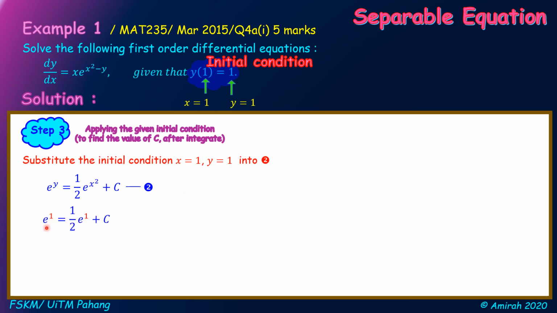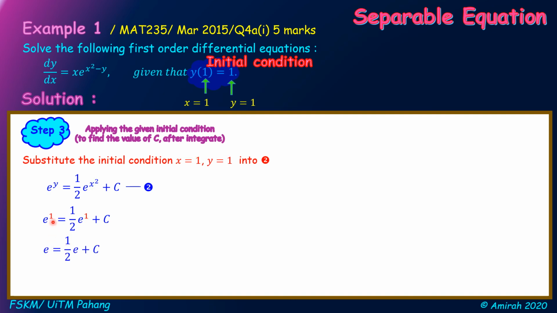So we have e to the power of 1 equals half e to the power of 1 plus c. We replace x equals 1 into x here, so we have 1 here. And we replace y equals 1 into y here, and we substitute 1 here.